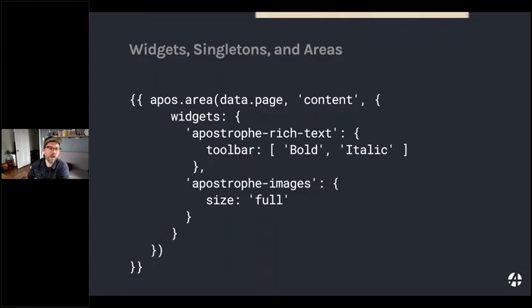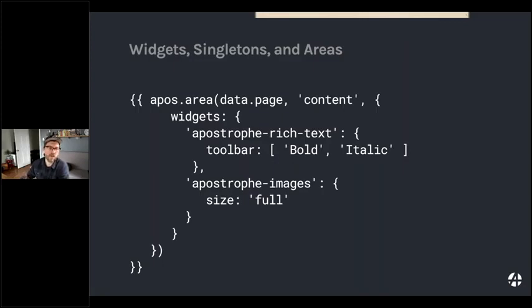Alternatively, if you're going to use an area, very similar to what we just did in singleton, the only difference here is we're going to call an area and we're going to define two widgets to go in this area instead of one. Again, we're going to use the rich text editor. I'm also going to allow the user to add an image here, and I'm going to add some additional configuration for what those images do.